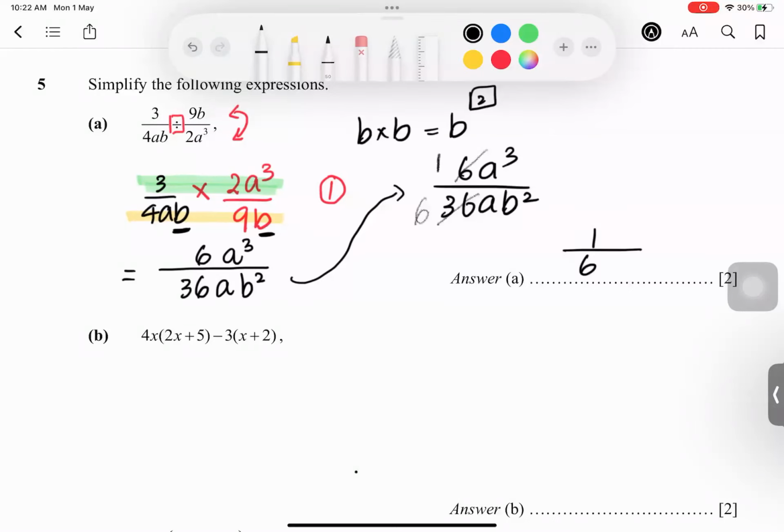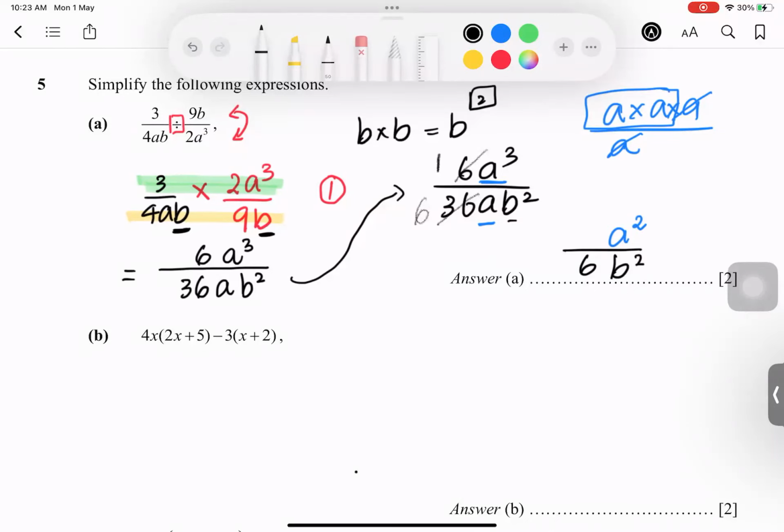Then a cubed and a. On top, a cubed, a times a times a, on the bottom a, I cancel out one of them. I'm left with a to the power of 2 on top. So it's a squared. Then b squared is left behind on its own. In the exam, we do not need to write the 1. So remove the 1. This one is the answer.